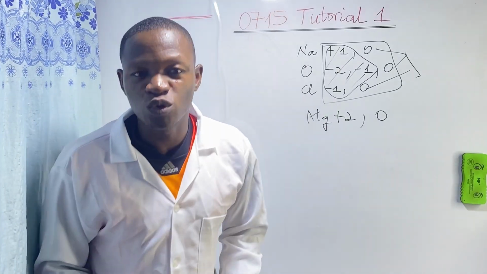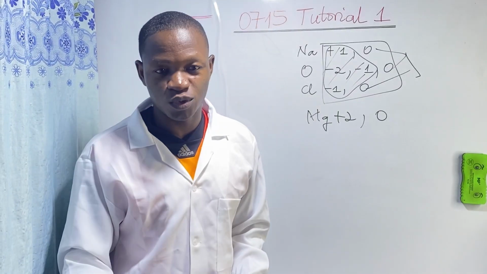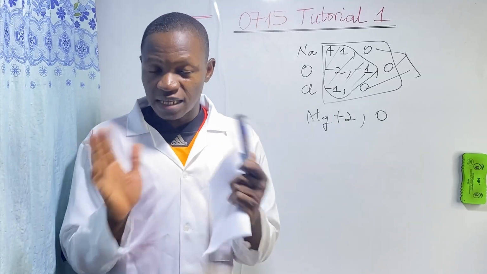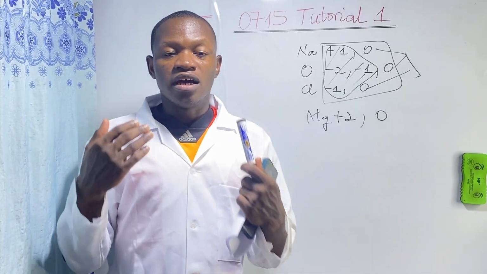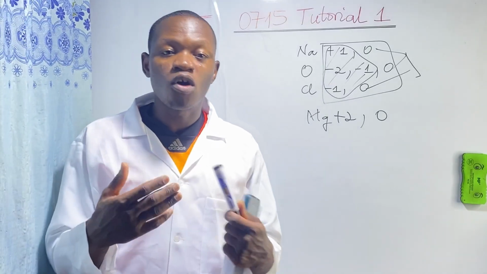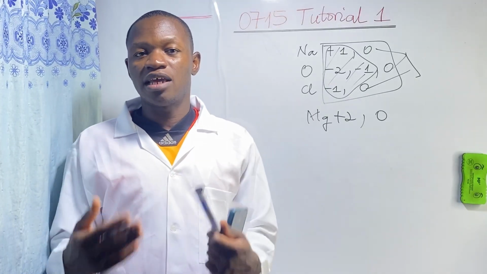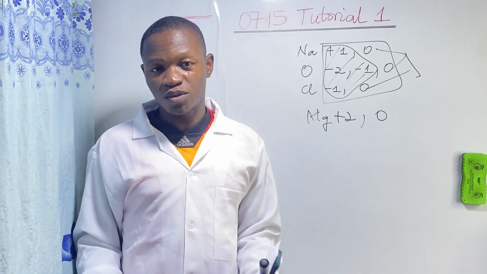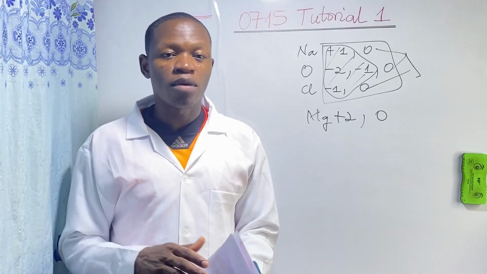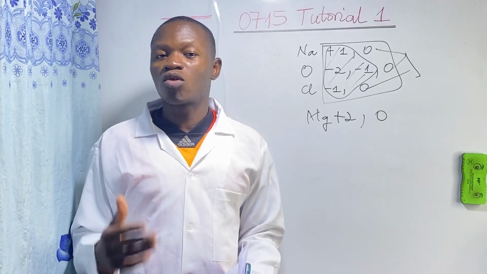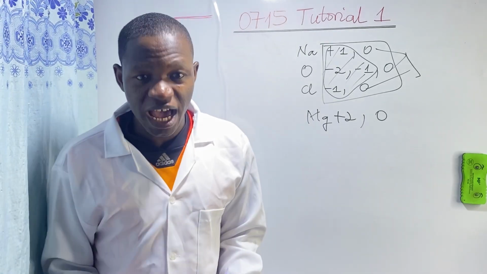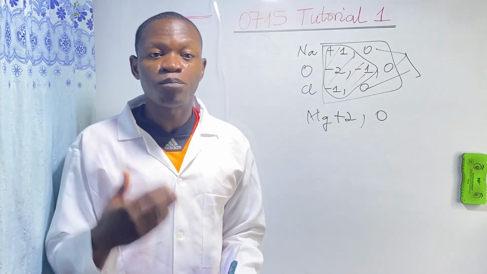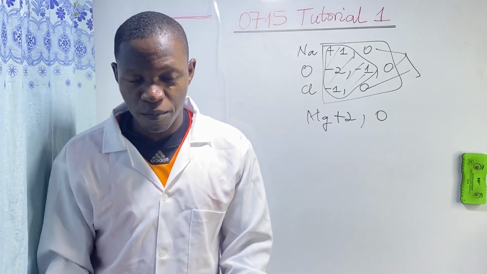What therefore are those rules? That's the definition. Now, what are those rules? The first rule is that the oxidation number of all elements in the uncombined state is 0. Second rule, metal ions have positive oxidation numbers.